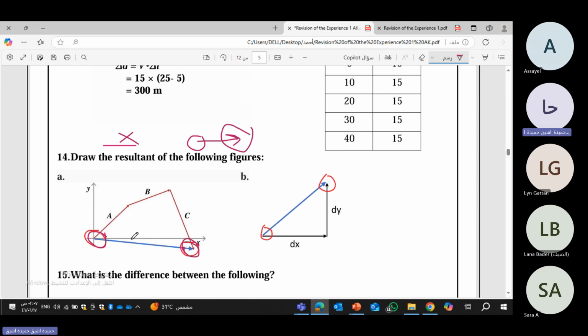Head here, tail here. The same thing, tail, head. Okay, so I can bring one of them and then you have to draw. So please bring your ruler also so you can draw correctly. Don't forget head together, tail together. This is called the resultant. Okay.